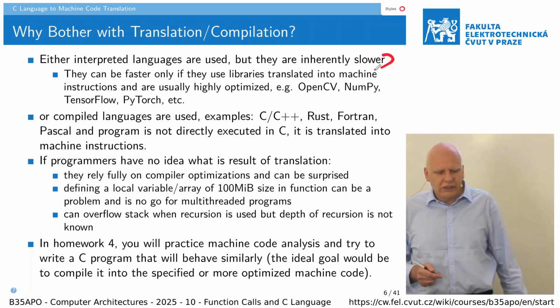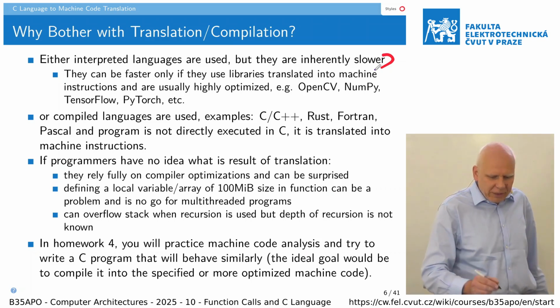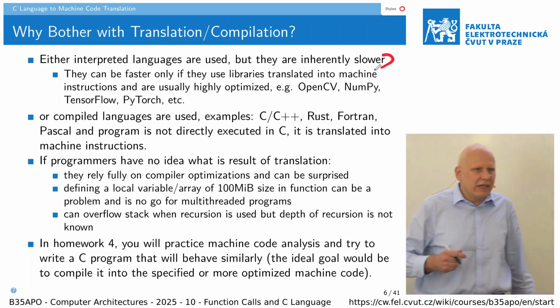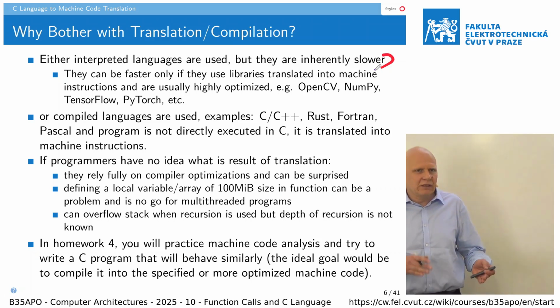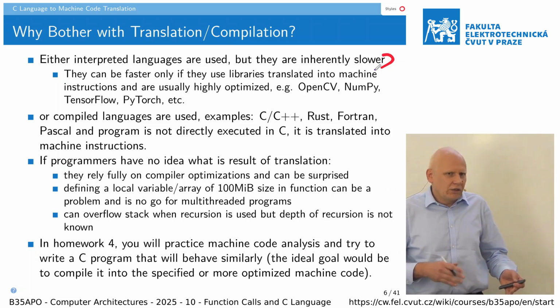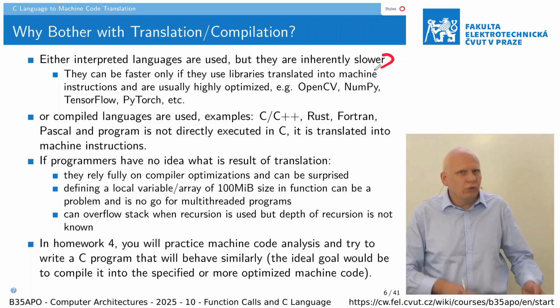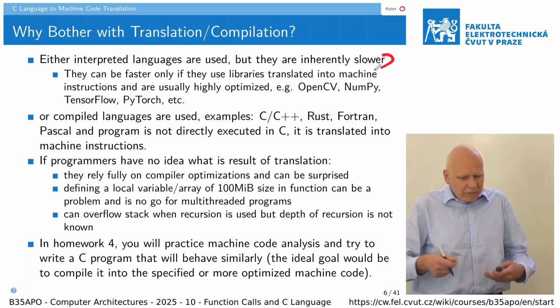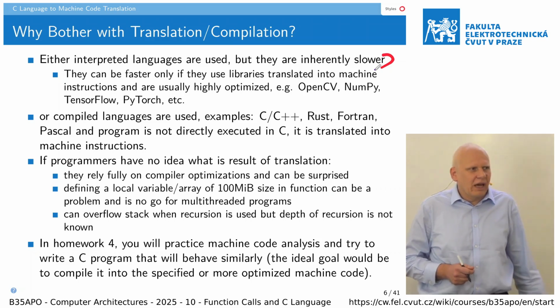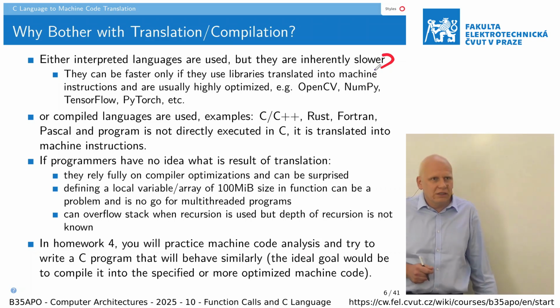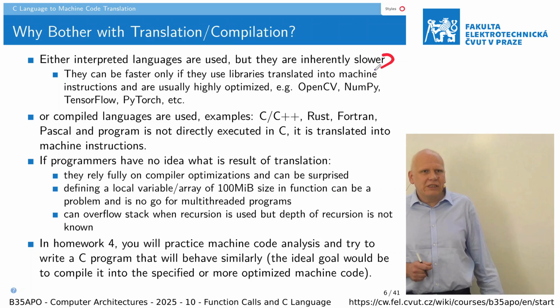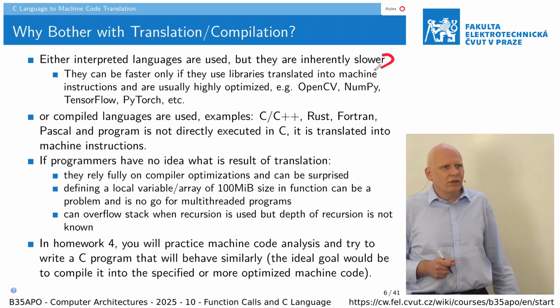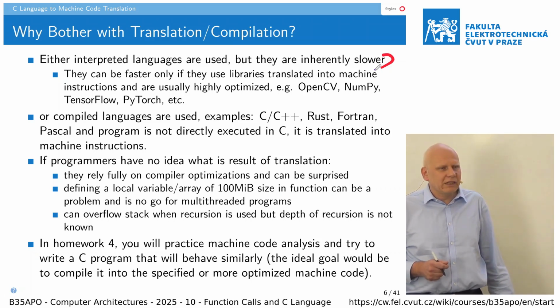So usually the interpreted languages, where we have some interpreter in a lower level language or in machine code, which interprets another higher level language, for example like in the case of Python, are usually relatively slow. It can be sped up, so in fact your Python code is not interpreted line of text after line of text.